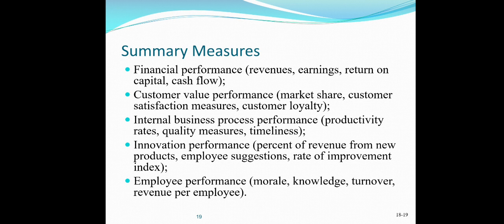So see here, things that are related to employees are like morale, knowledge, turnover, revenue per employee, employee retention, etc. And employee satisfaction also, one of the things that we have seen in the previous slide. So these are the summaries and the summary measures.